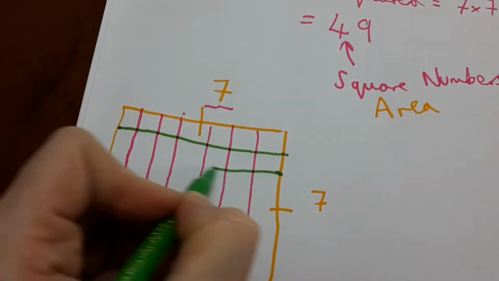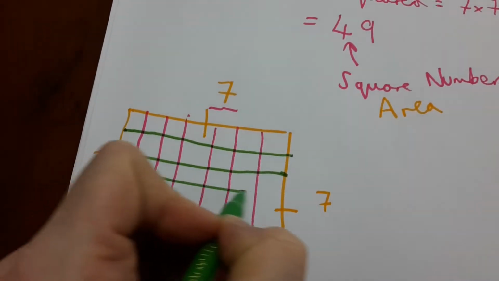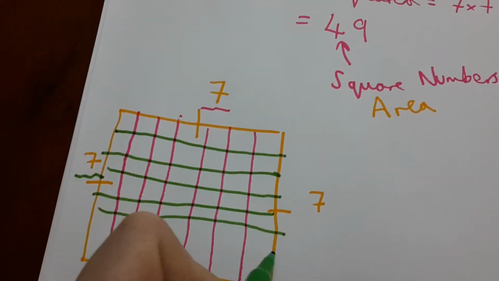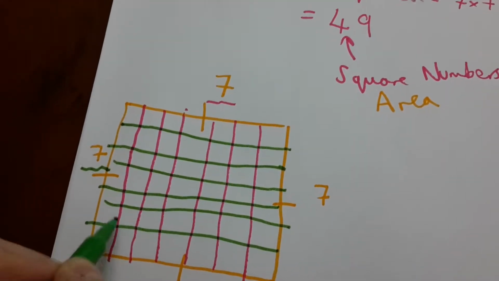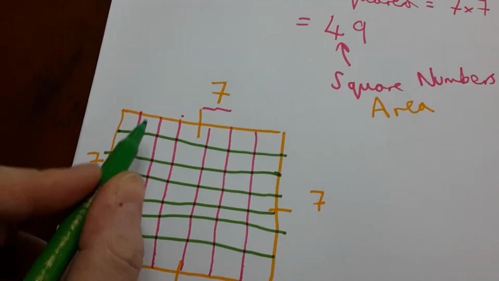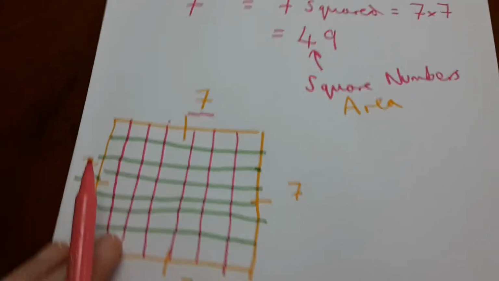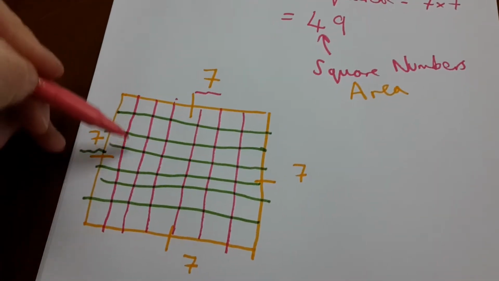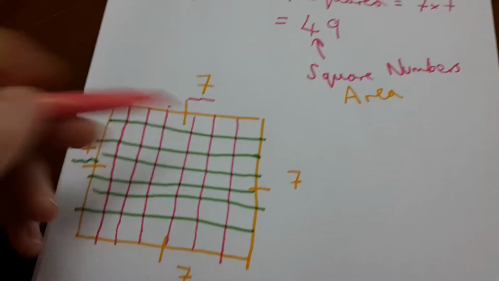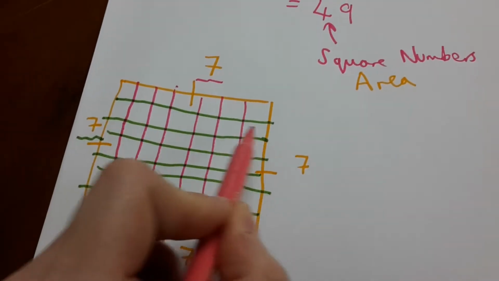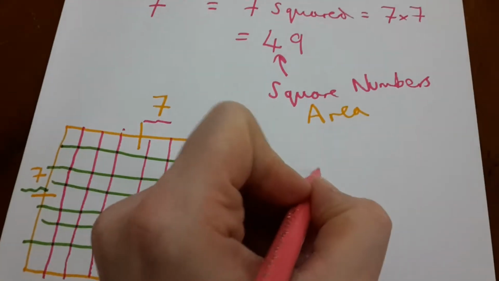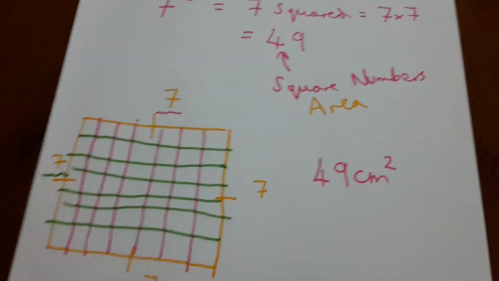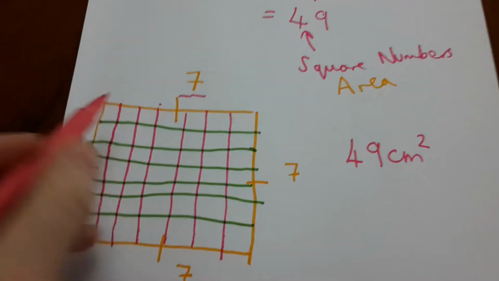1, 2, 3, 4, 5, 6, 7. Good. Now notice that if I numbered these boxes, because I've got 7 centimetres going this way, and I've got 7 centimetres going this way, I would have 49 centimetres squared, or square centimetres.